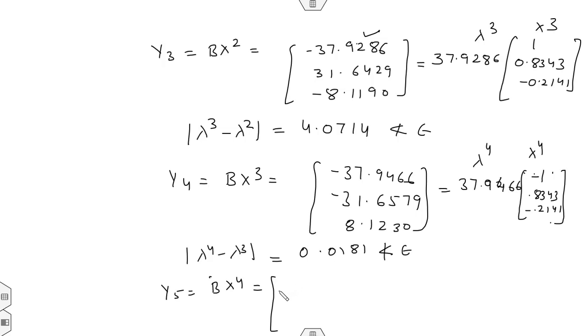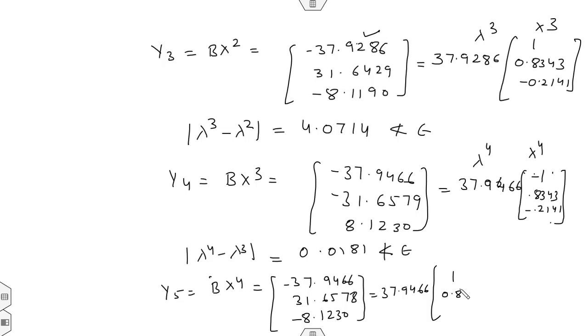The value comes out to be -37.9466, 31.6578, -8.1230, which is 37.9466 times 1, -0.8343, 0.2141.